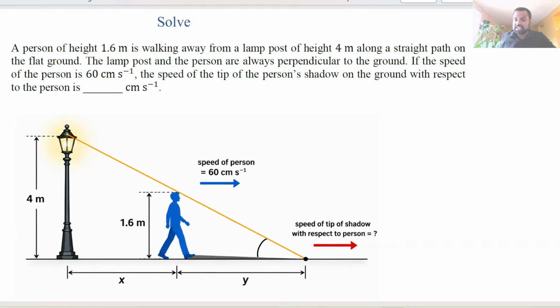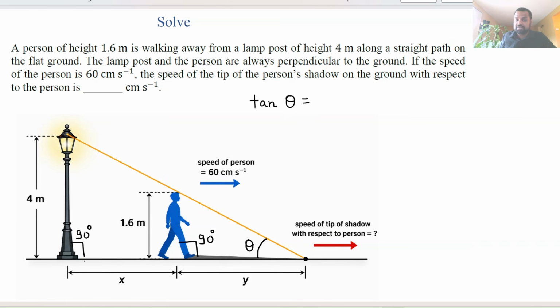So let's say this angle at any time is theta. Remember, this is 90 degree, this is 90 degree. So we can write at any time, no matter where the person is, whatever the value of x or y is, we can write tan theta. We take the big triangle.